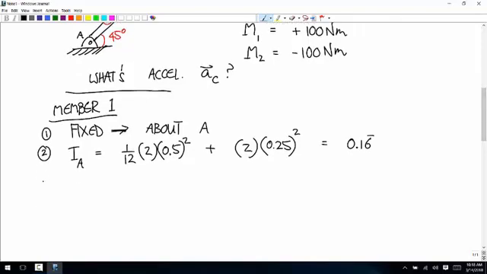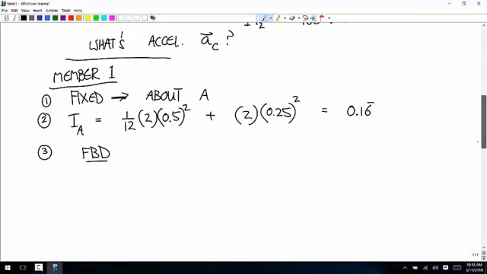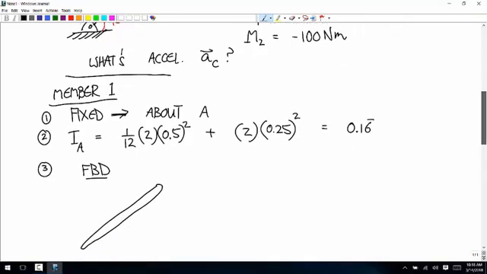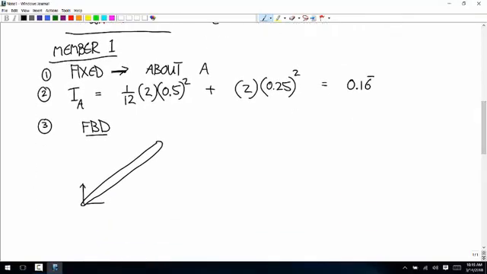Okay, now free body diagram. We have a force RA. We have a weight force of 19.62. We have the force on 1 by 2.